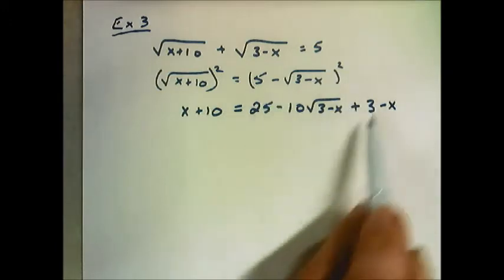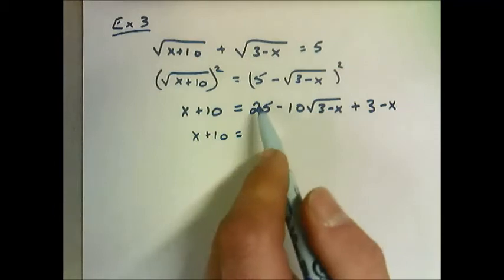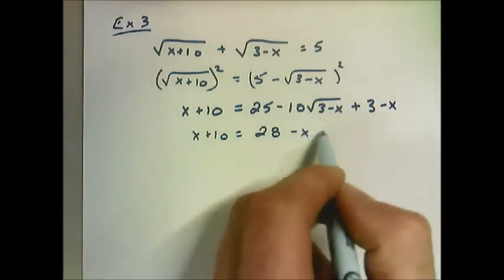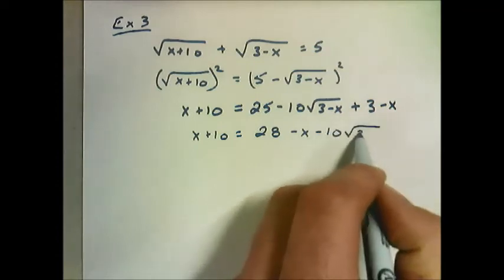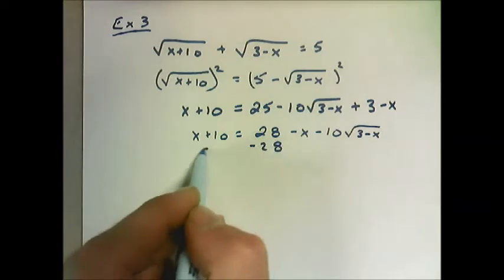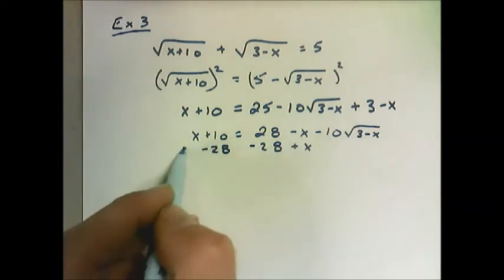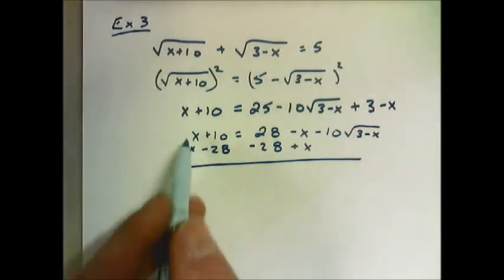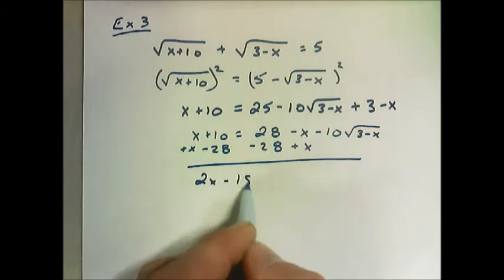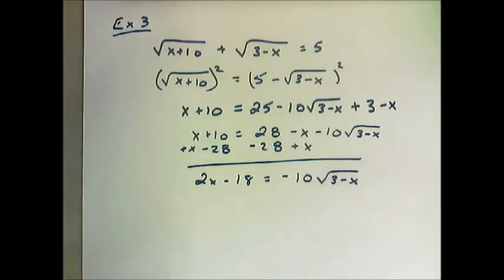Now, if I simplify first, since there's a lot over there, I have 25 plus 3 gives me 28, minus the x, minus 10 square roots of 3 minus x. I'm going to subtract 28 from both sides, and add x to both sides. So now I have 2x minus 18 equal to negative 10 square roots of 3 minus x.